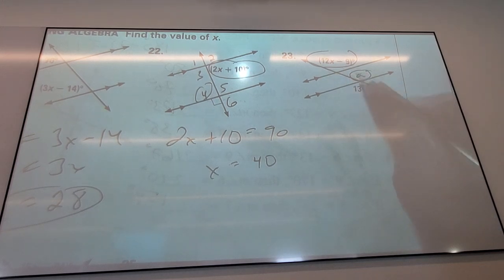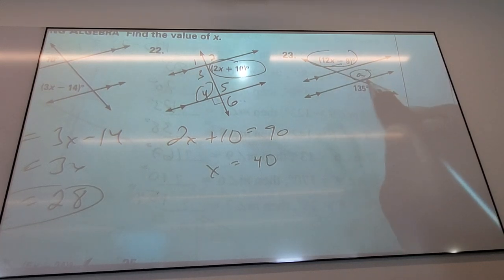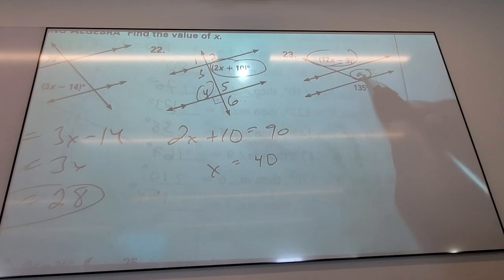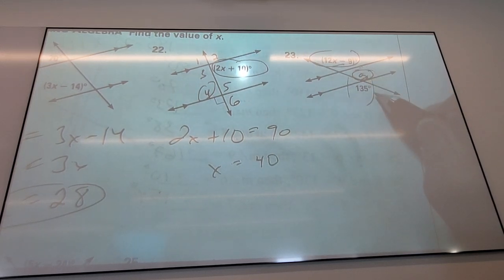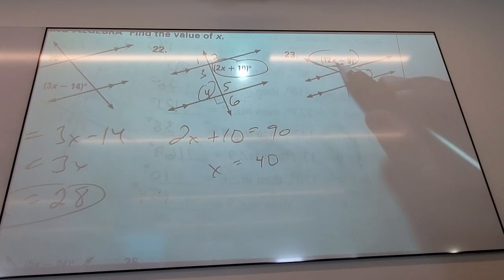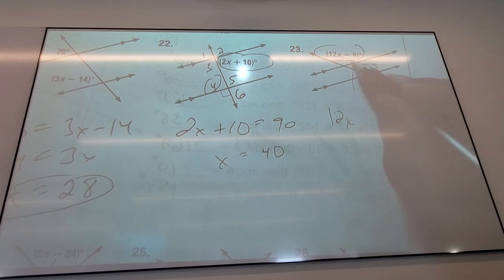You could also say this is alternating exterior, but what's true about these two angles here? This angle and this angle have to be the same. And of course these two angles have to be, so therefore these two angles have to be the same. So you can either do alternating exterior angles, or you can kind of work your way that way.